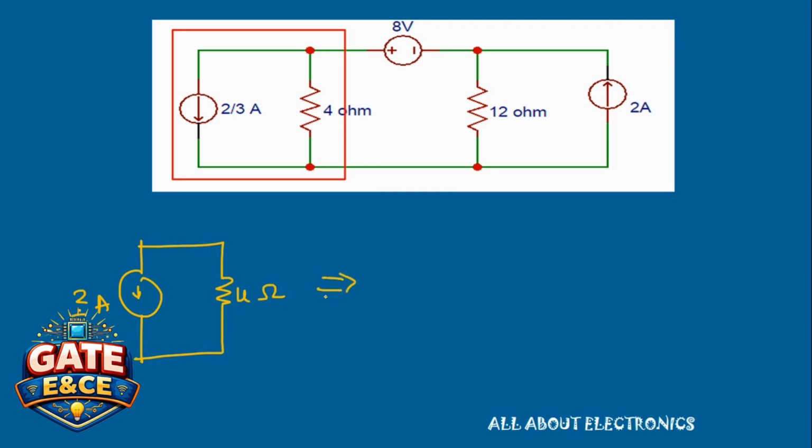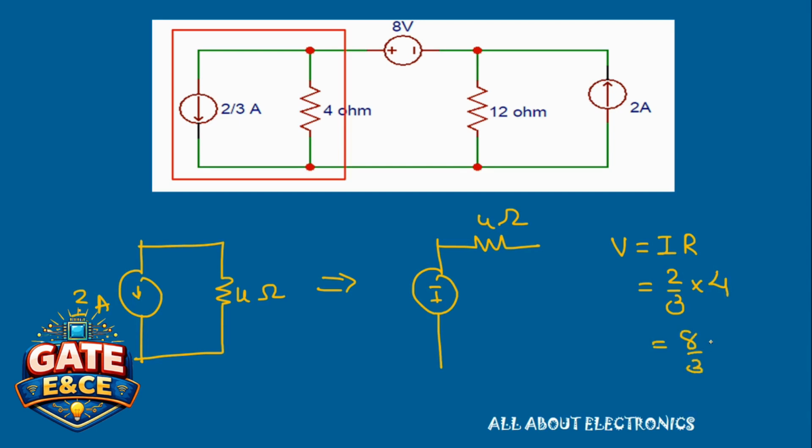So their equivalent transformed source will have a voltage source with 4 ohm resistor in series, and the value of this voltage source V is given by I into R, that is 2 by 3 into 4 ohm, that is nothing but 8 by 3 volt. So we can replace this 2 by 3 ampere current source with this 8 by 3 volt voltage source.